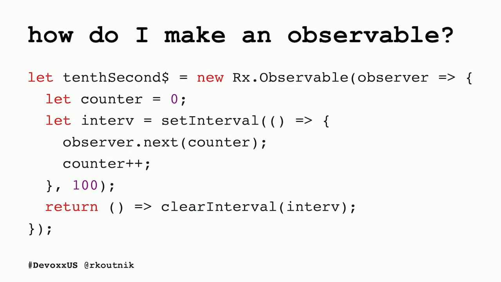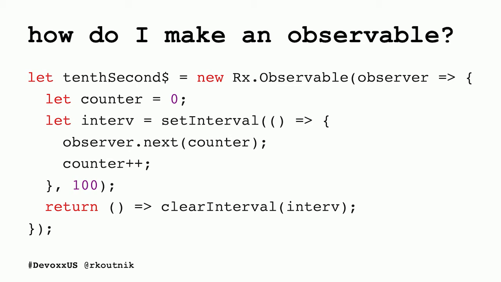Next up, we have the usual constructor, new Rx.Observable, and we pass a function in that contains a single parameter, observer. So far, so good. Then we declare a variable counter that is 0. Then we have an interval, because we need to keep track of things. And our interval, every 1/10 of a second, will call observer.next with the current value of the counter, and then increment that counter. And finally, we return a function that clears that interval.